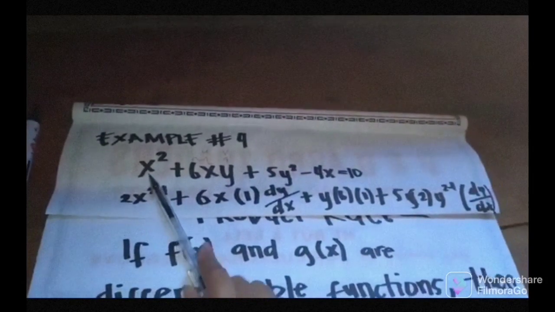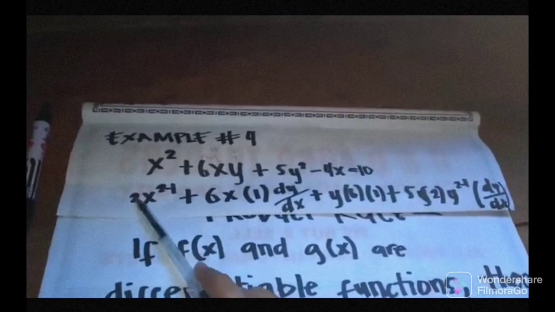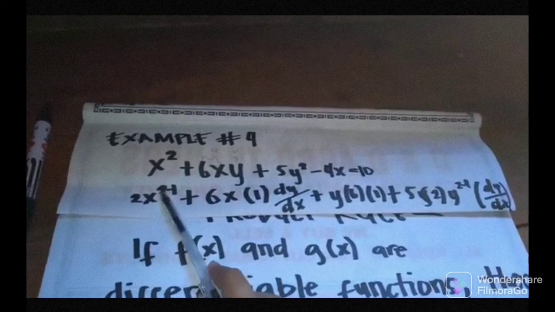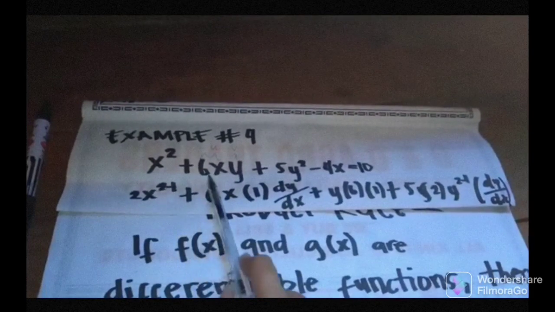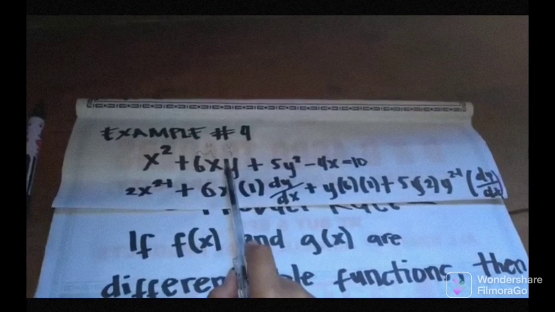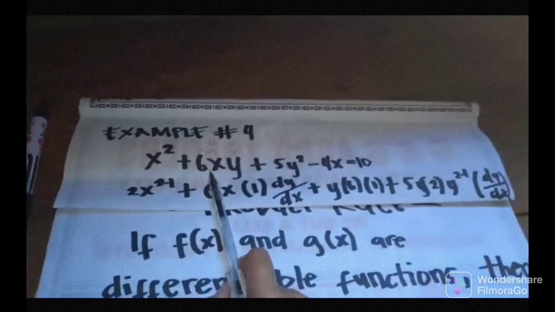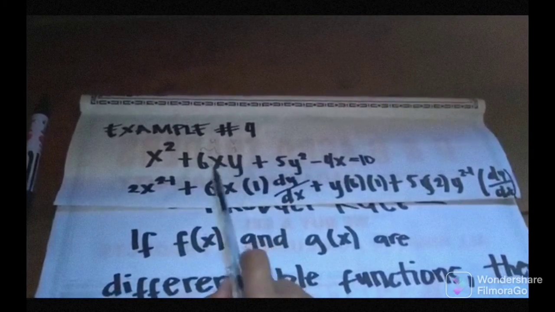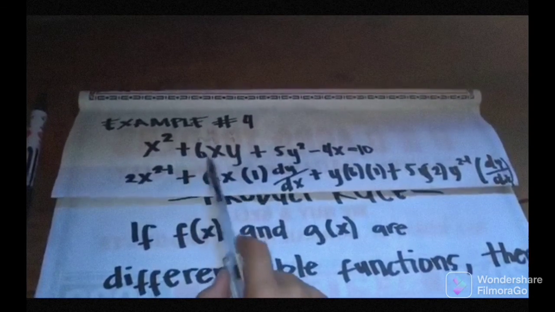In our first term, we will use the power rule. So, 2x to the power of 2 minus 1. Then, to our second term, 6xy.